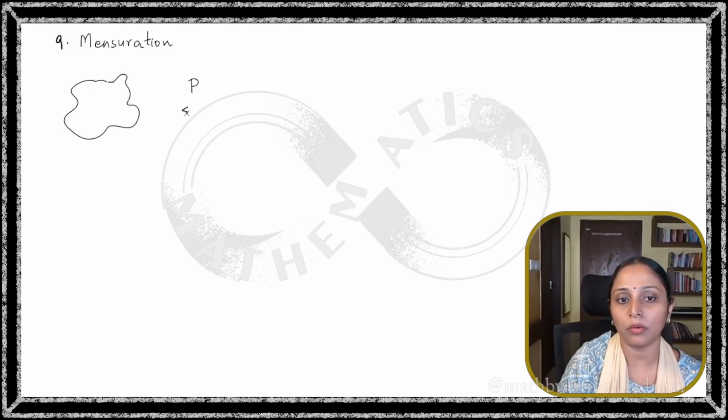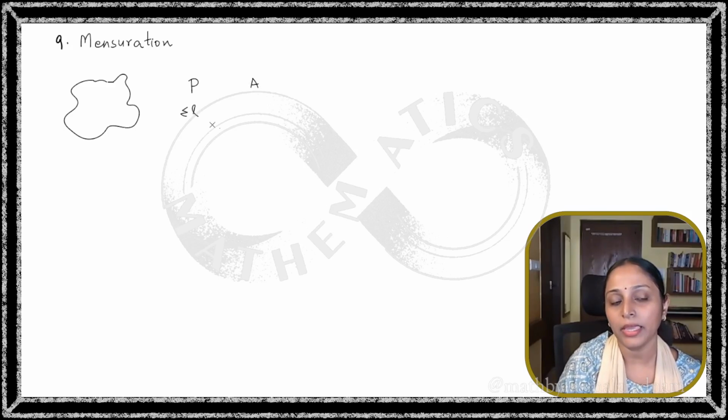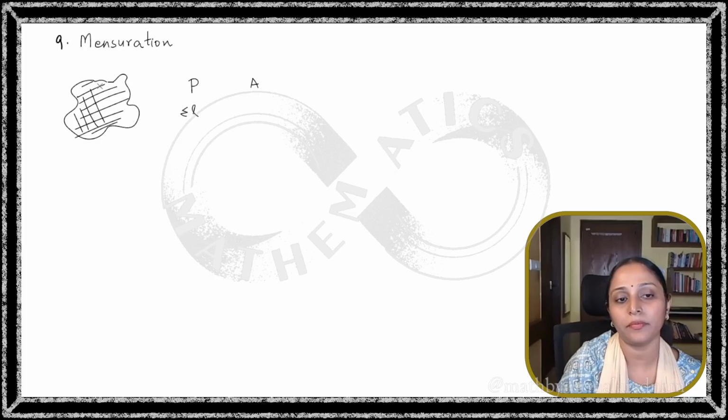Total length of the boundary is nothing but the perimeter, and we look at the area. Area is nothing but whatever is enclosed, the region that is inside this particular boundary is nothing but your area, correct? So this is your area.